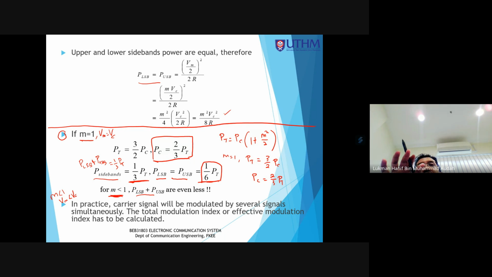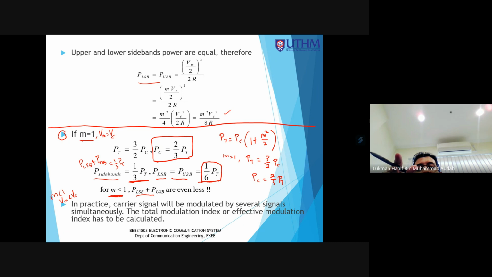The information is only contained within the sideband. So if the carrier does not contain any information, why does it consume a lot of power? That means we're going to waste a lot of power only on the carrier side.